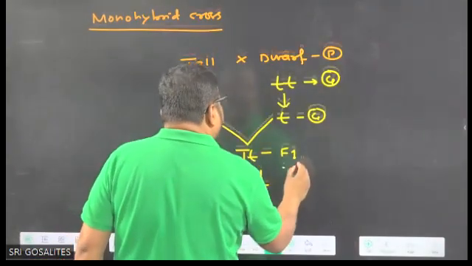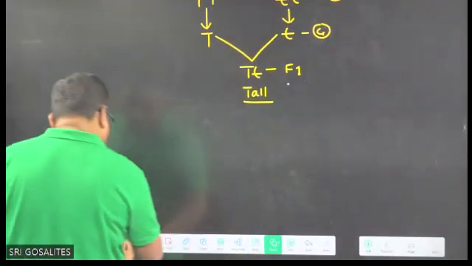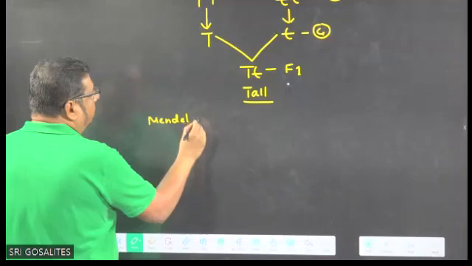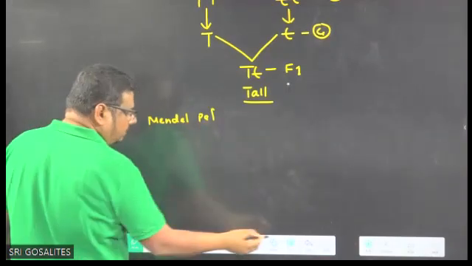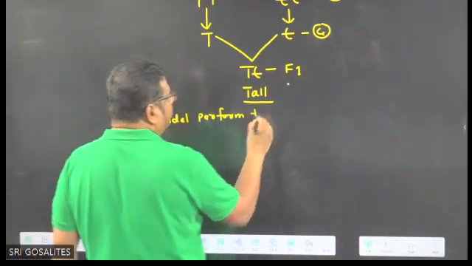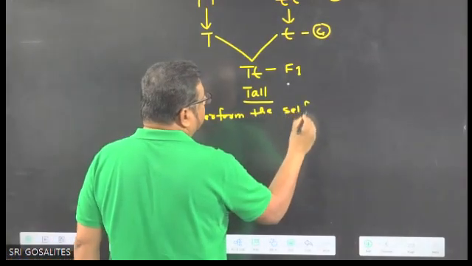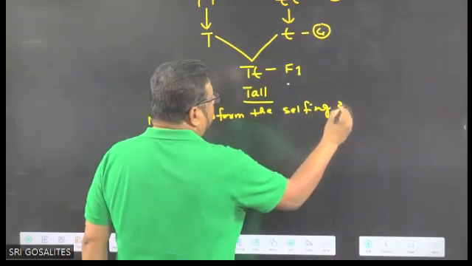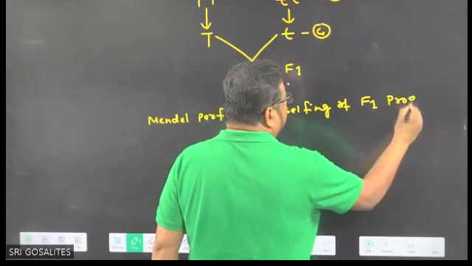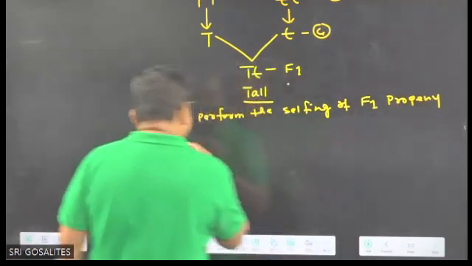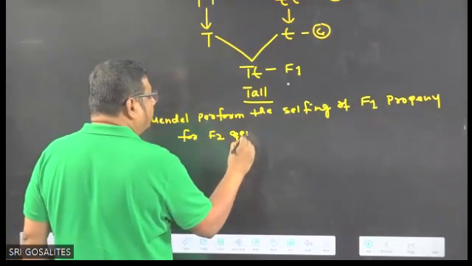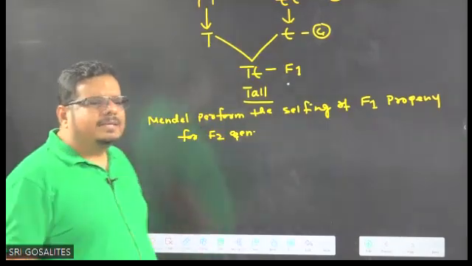Now Mendel performed the selfing of F1 progeny for the F2 generation. Selfing means what? Self-pollination.